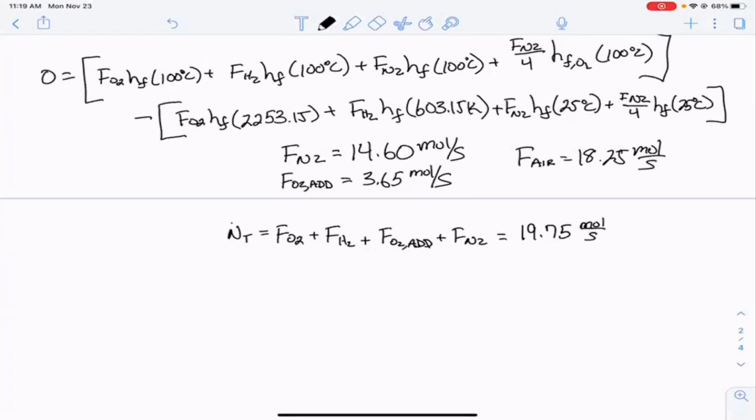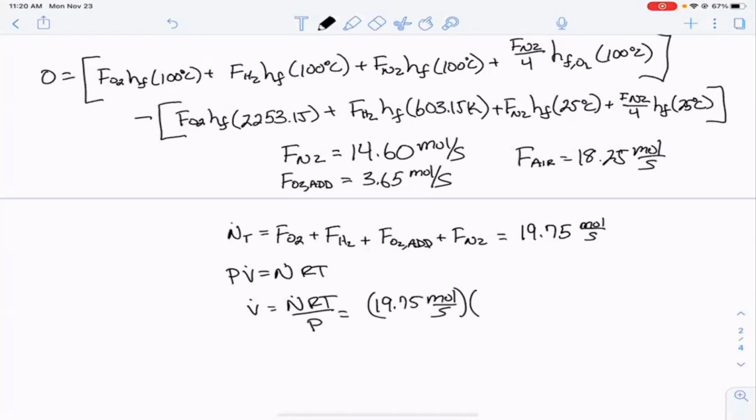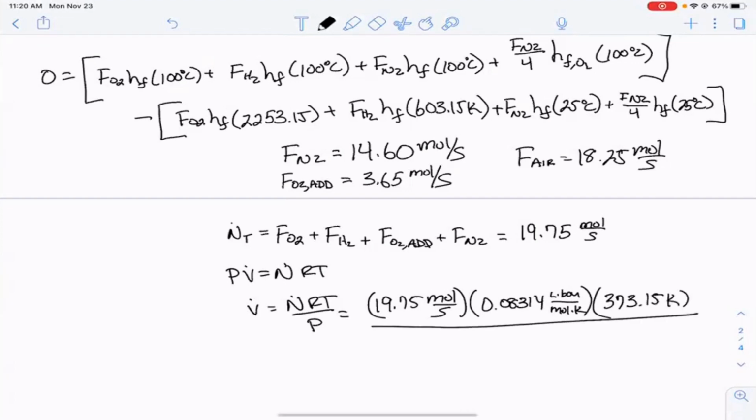And now if we want to look at this in terms of volume, we can use the ideal gas law. So PV is equal to nRT, right? Or V is equal to nRT over P. And so we know that's 19.75 moles per second times 0.08314 liter bar per mole Kelvin times 373.15 Kelvin divided by 1 bar.